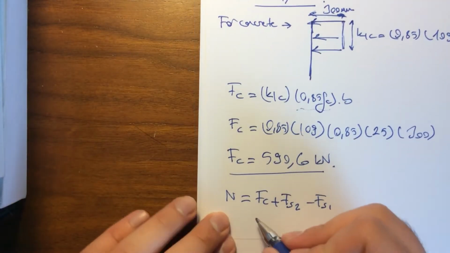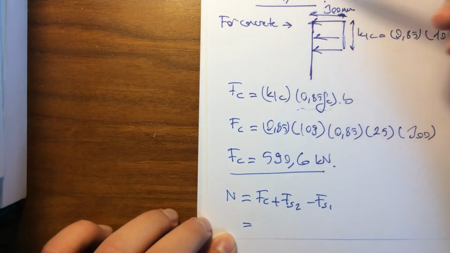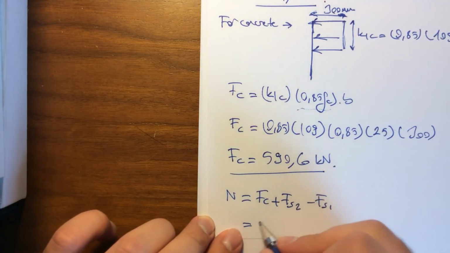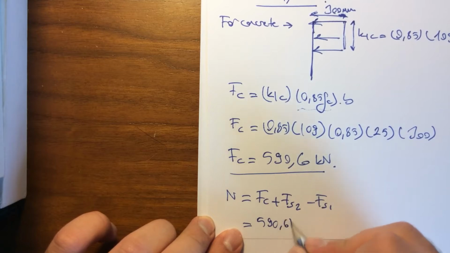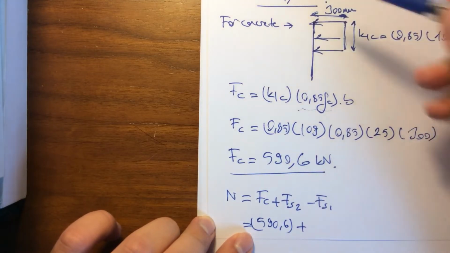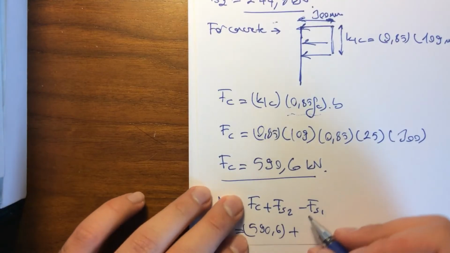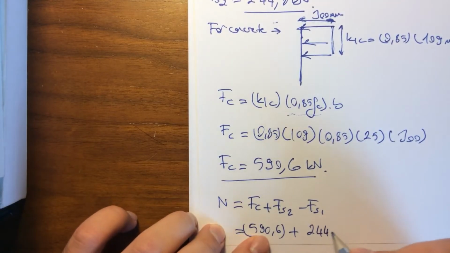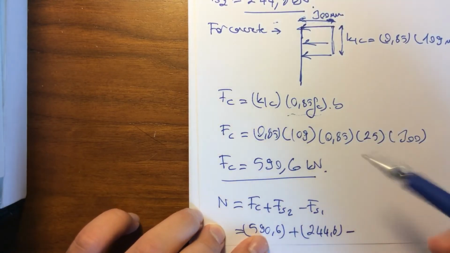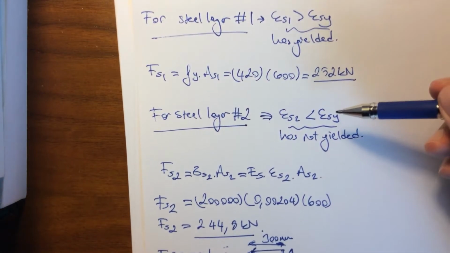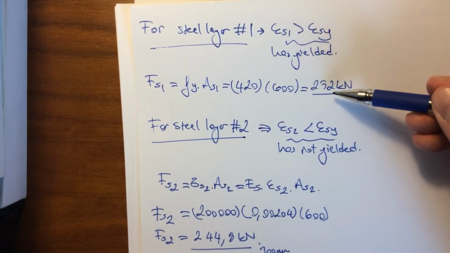And going into the values that we have got, Fc was 590.6 plus Fs2 was 244.8 minus Fs1 was 252 kilonewtons.